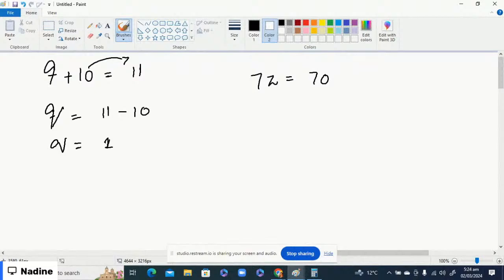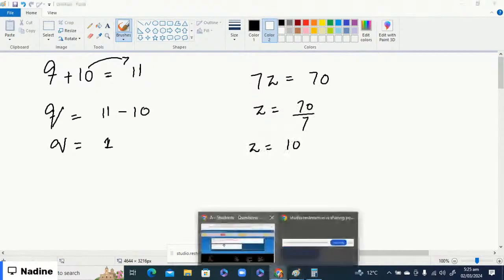It becomes in the form of division. Let's check how it's divided now. z is still same here. 70 over 7. 7 times which number is 70? 10. So your z answer is 10.